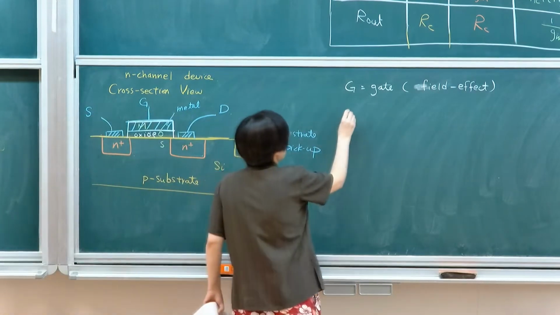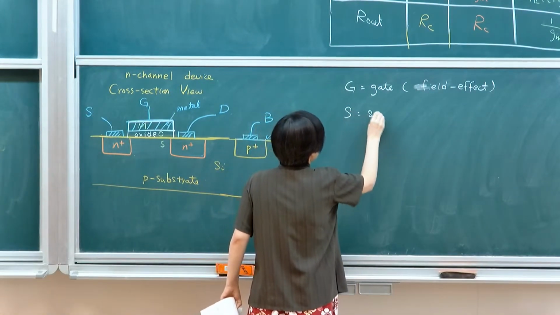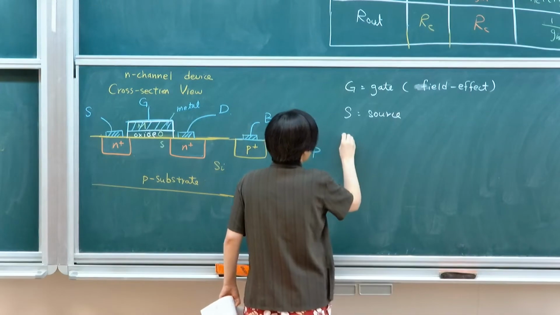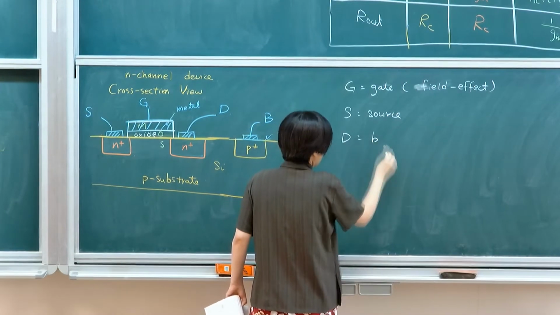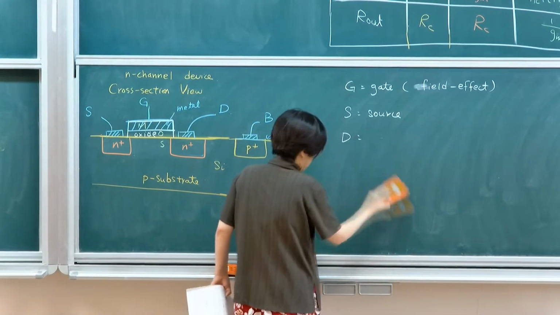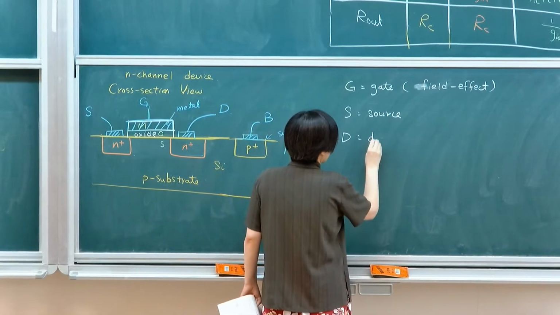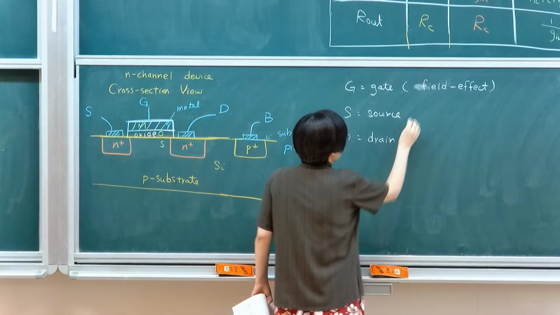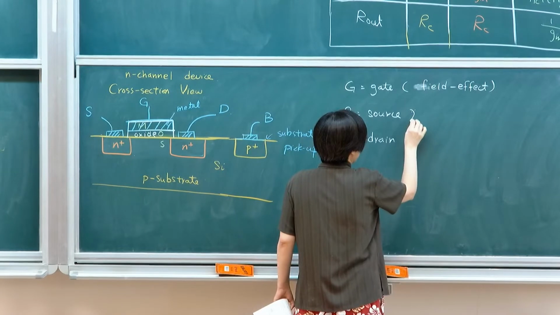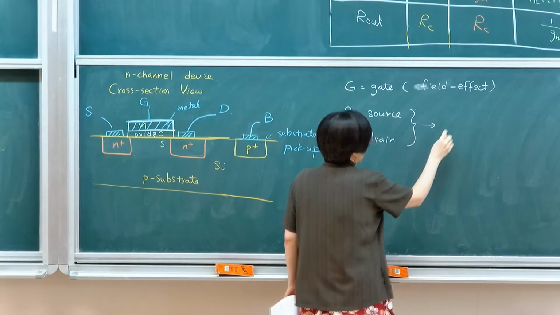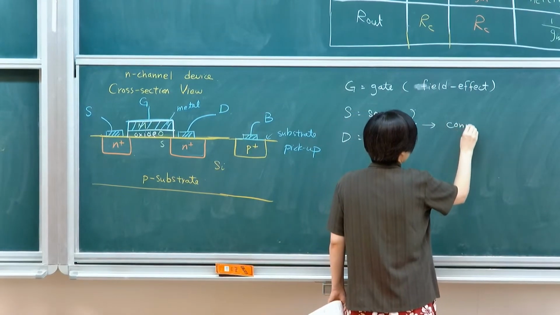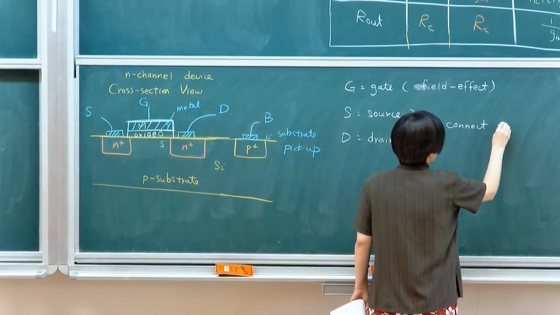So I have source. S stands for source. D stands for drain. So the main purpose of source and drain is to connect to the channel.